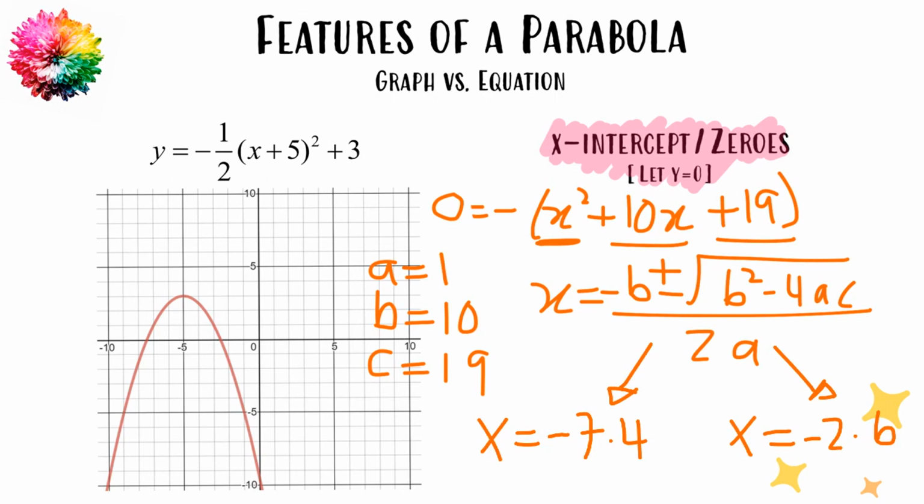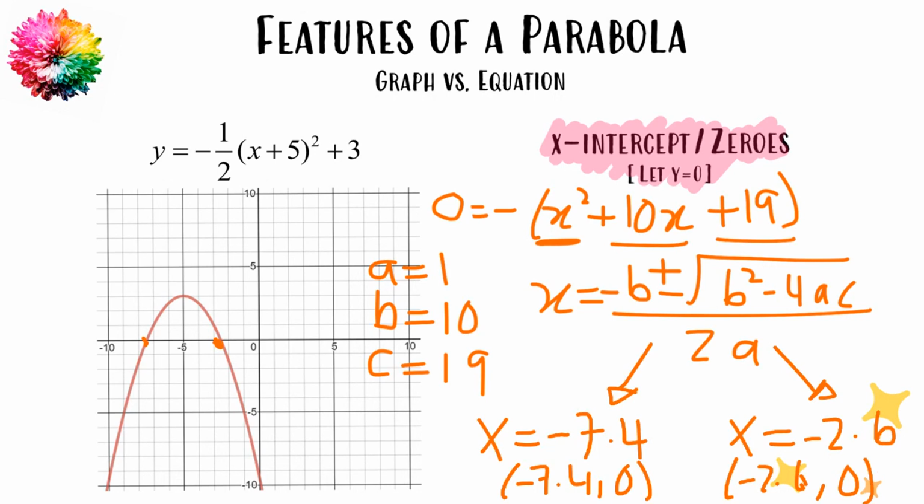And we can verify that on our graph. This looks like it's between 2 and 3, and this looks like it's between 7 and 8. So these numbers seem very accurate, which means our x-intercepts would be negative 7.4, 0 and negative 2.6, 0.